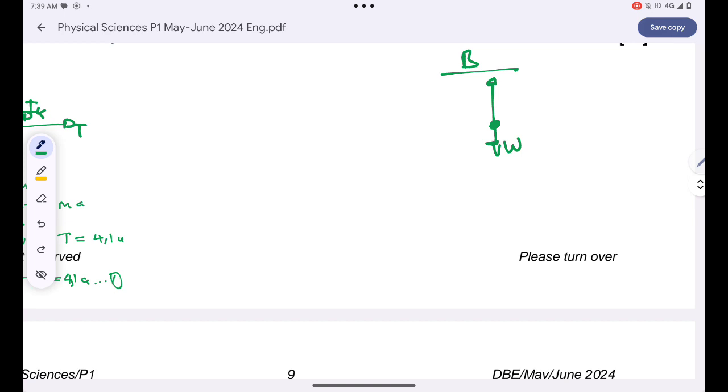And then for block B, I know that F net is also equal to MA. F net is sum of all the forces in one direction. I simply have my tension plus the negative gravitational force. Why? Because the gravitational force is opposing the motion of my object. So tension minus weight is equal to MA. I don't know the tension.